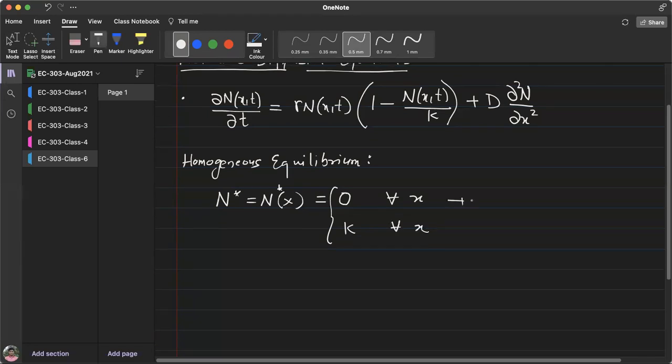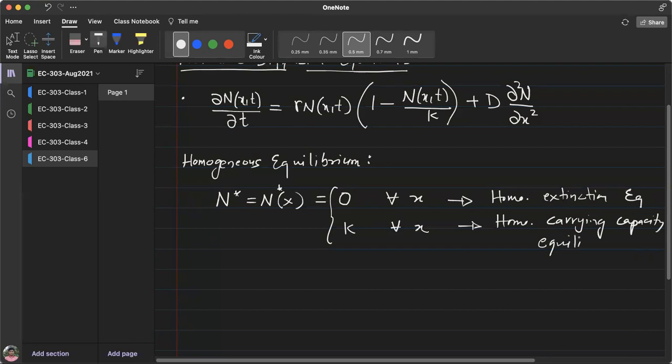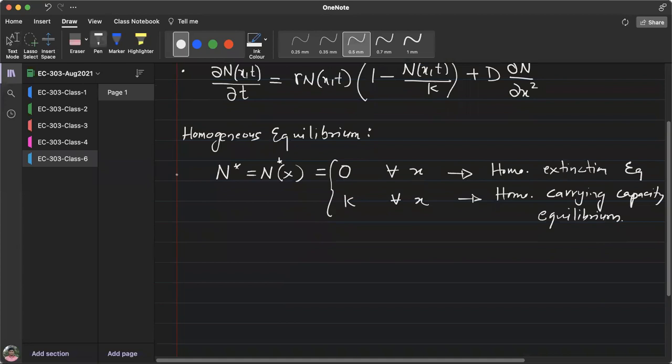This would be the homogeneous extinction equilibrium. And if we choose k, this would be the homogeneous carrying capacity equilibrium. I have told you.